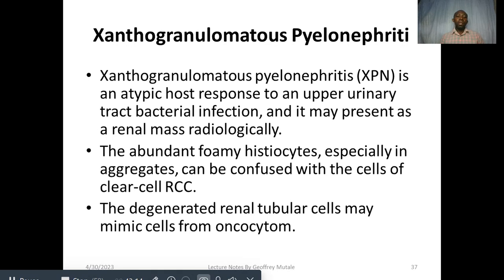The abundant foamy histiocytes, especially in aggregates, can be confused with cells of a clear cell renal cell carcinoma. The degenerated renal tubular cells may mimic cells from an oncocytoma.